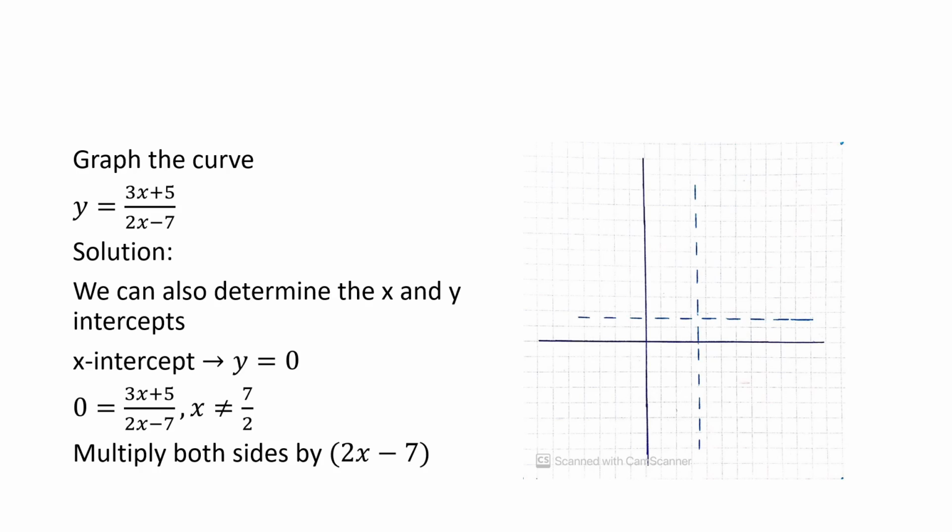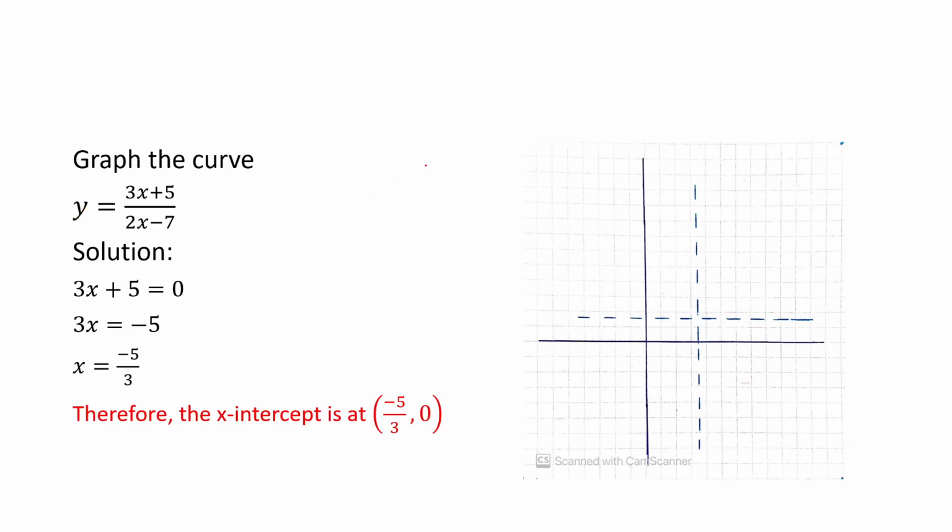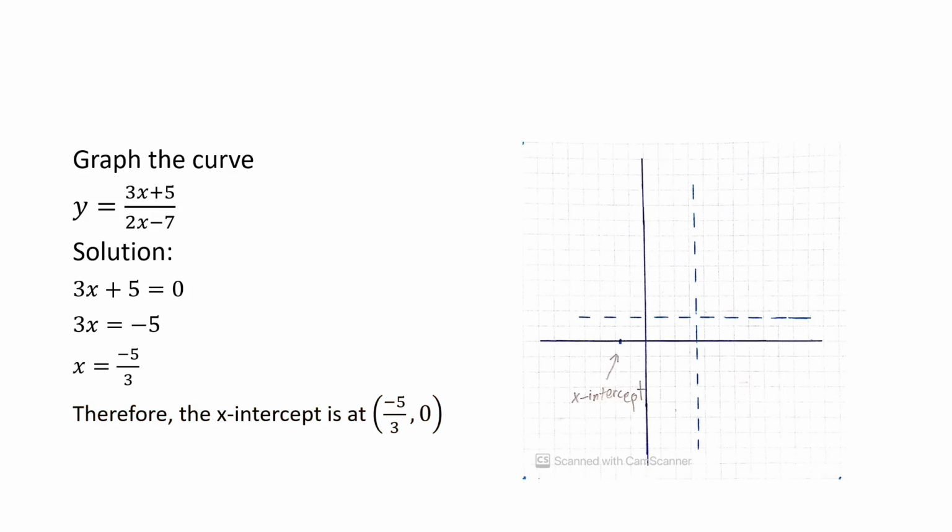Now we can also determine the x and y intercepts. To determine the x-intercept, we simply let y equal 0. So we put a big 0 there. And then multiply both sides by 2x minus 7, which would mean 0 is equal to 3x plus 5. And then 3x is negative 5, x is negative 5 over 3, and we would see that the x-intercept is at negative 5/3, and we'll just indicate that right there.